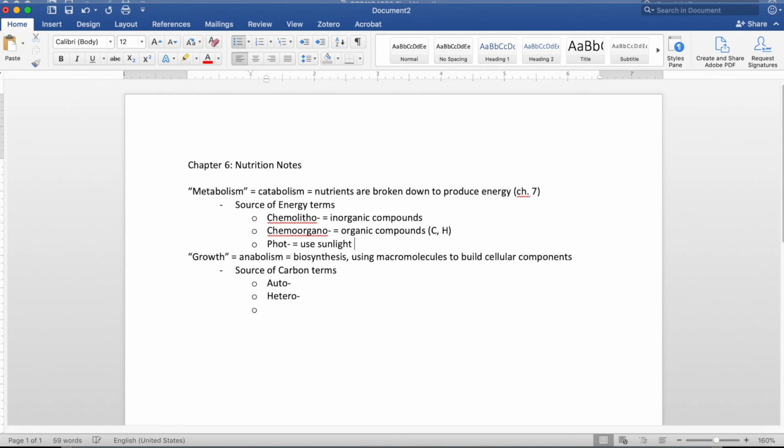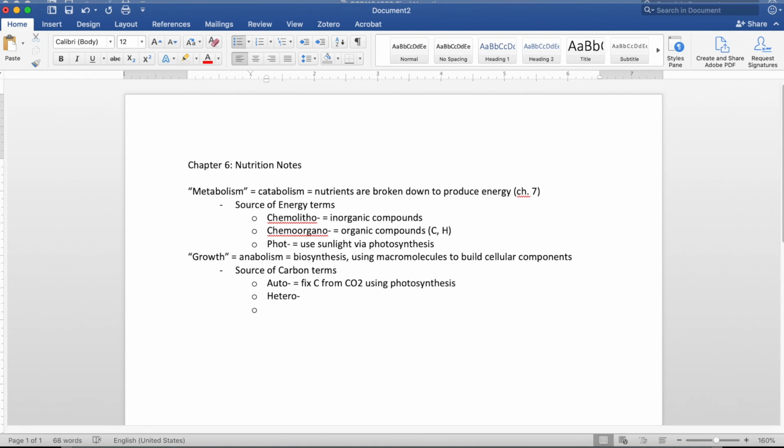Sunlight, yeah, photosynthesis. Sorry, let's go and add into these terms down here for our source of carbon. Auto means they're photosynthetic, so they can fix carbon from CO2 using photosynthesis.